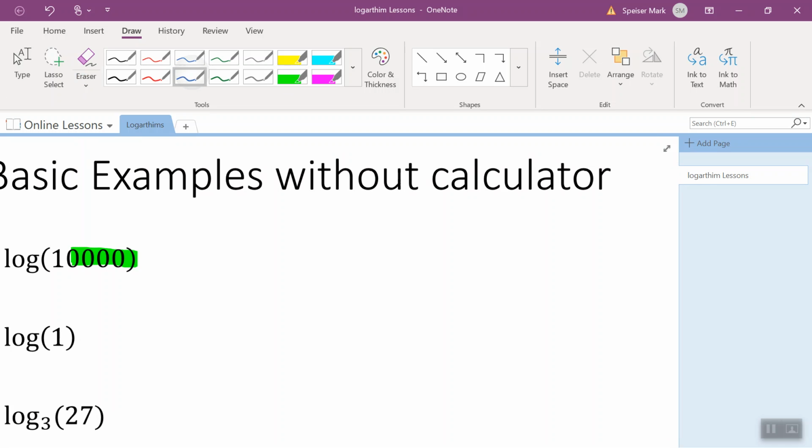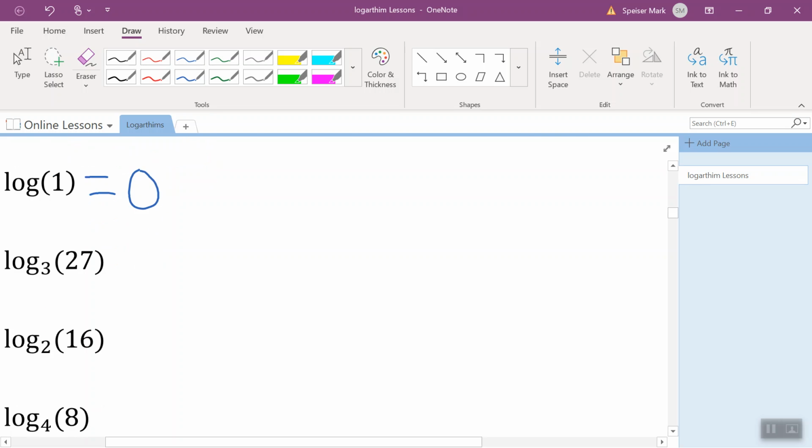In this case, it's 4. So the log of 10,000 equals 4. Log of 1 has no zeros, so it's 0 zeros.